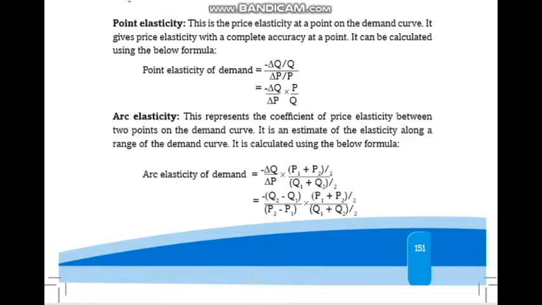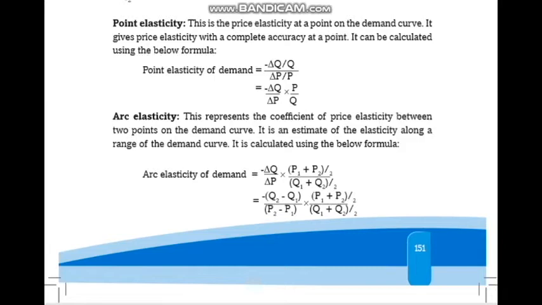Arc elasticity of demand equals minus change in quantity over change in price, times P1 plus P2. Remember, P is the price and Q is the quantity. Over Q1 plus Q2, but both are over 2 because it is a range, an average.